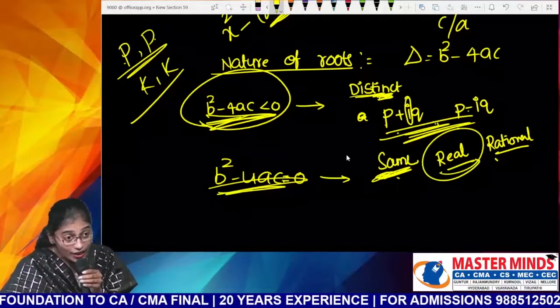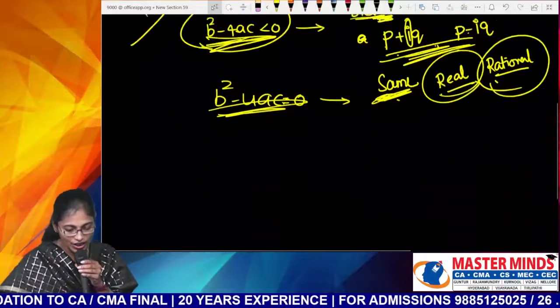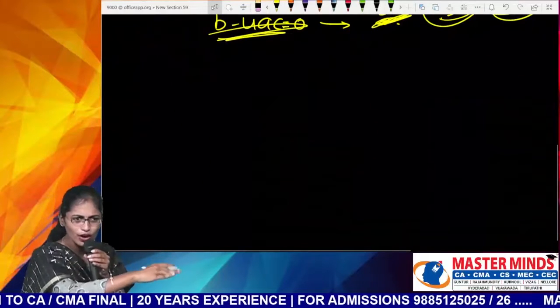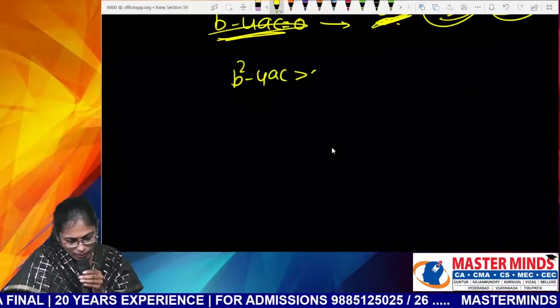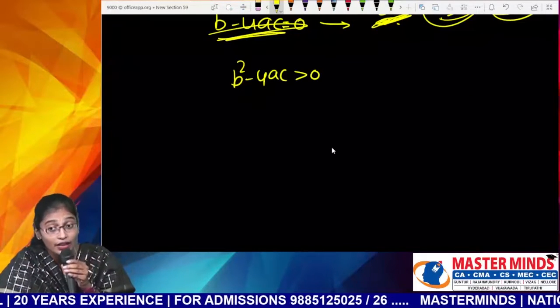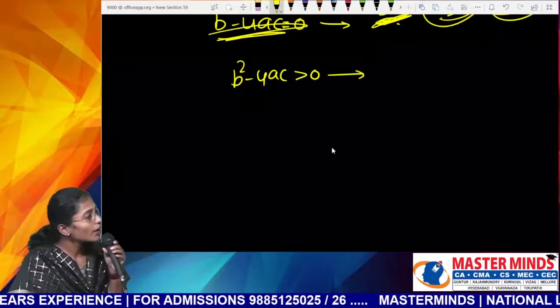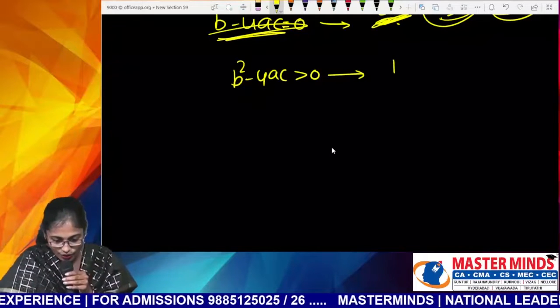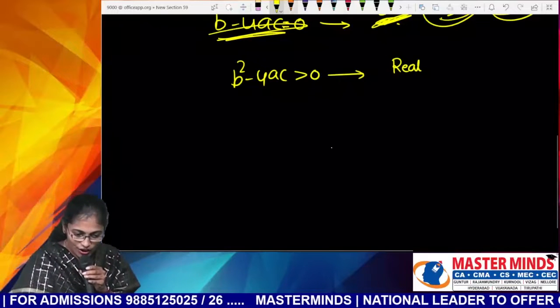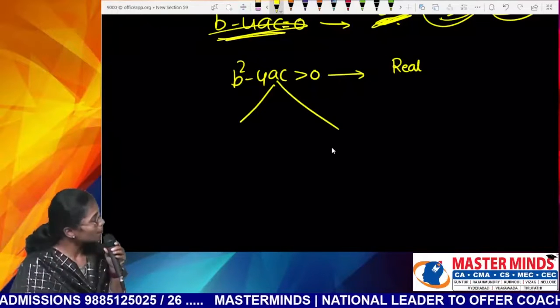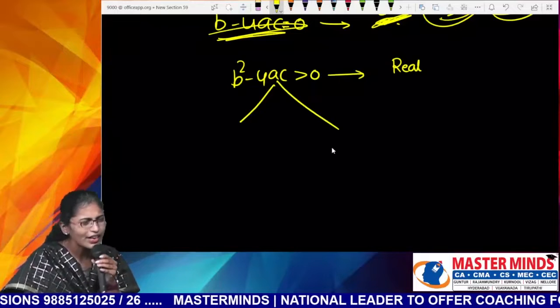When b square minus 4ac equal to 0, roots are real and rational. Now less than 0 is over, equal to 0 is over. Now I'm writing b square minus 4ac greater than 0. Whenever b square minus 4ac is greater than 0, first of all, roots are real. Now in this context we have 2 separate situations. Greater than 0 means positive.